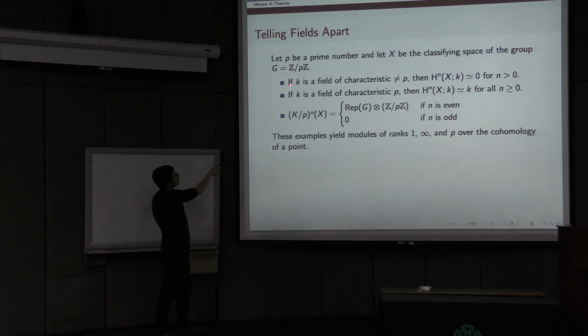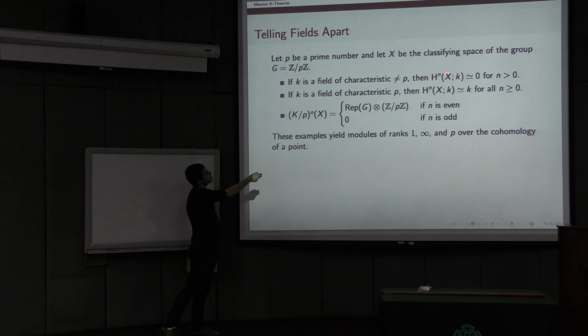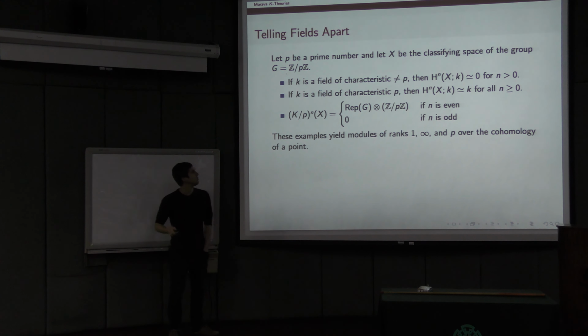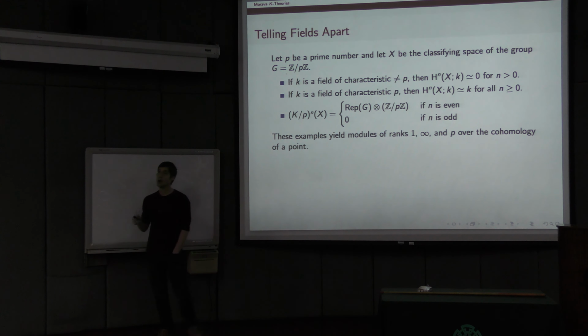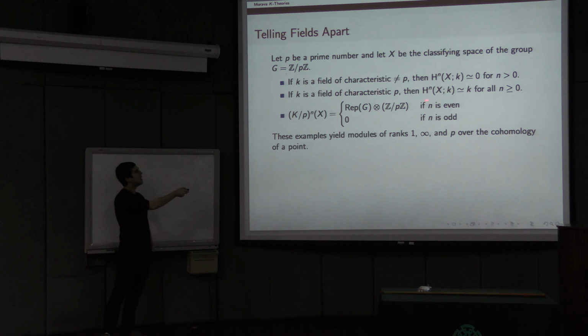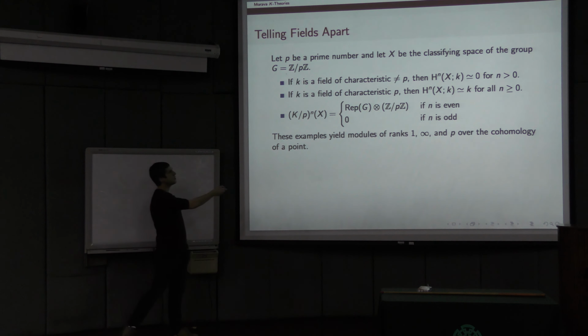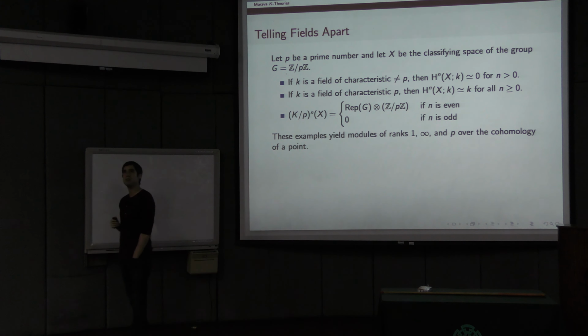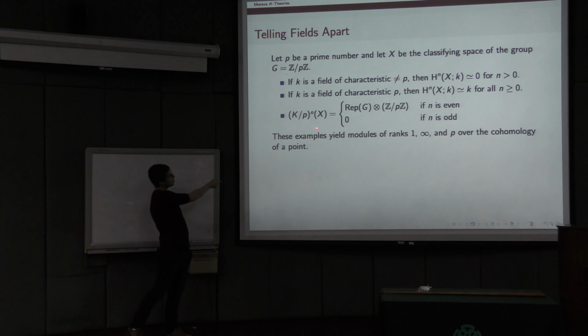So when K was a field of characteristic not equal to P, the cohomology of X was a module of rank 1 over the cohomology of a point. When K was a field of characteristic P, the cohomology of X with coefficients in K was a module of infinite rank over the cohomology of a point. And in the case of mod P K theory, what you got was a module of rank exactly P.